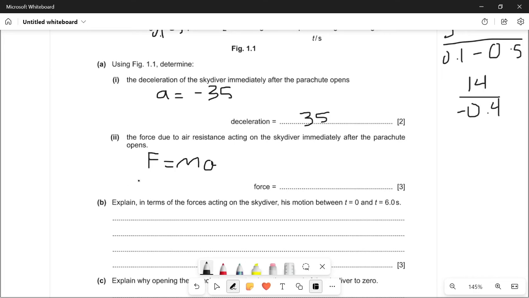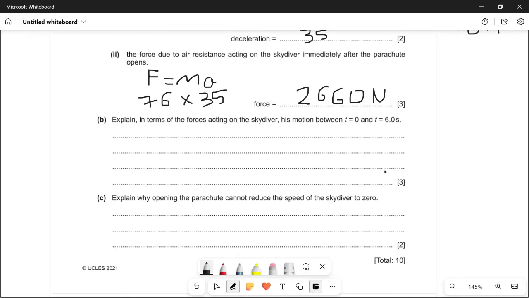So the force is 76 times 35, which is 2,660 newtons. So we can move on to the next question.